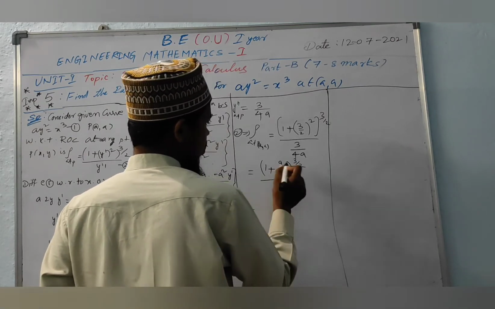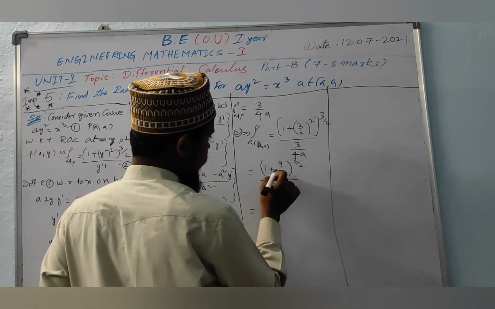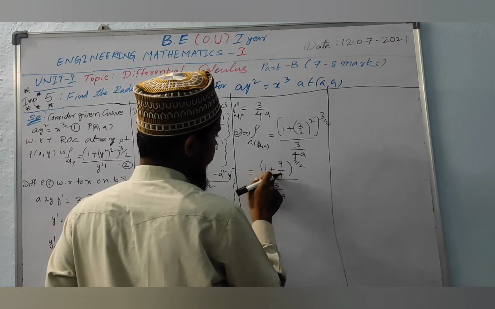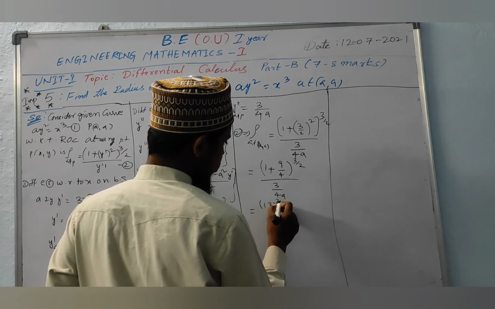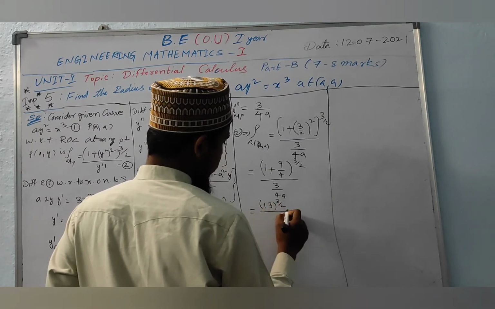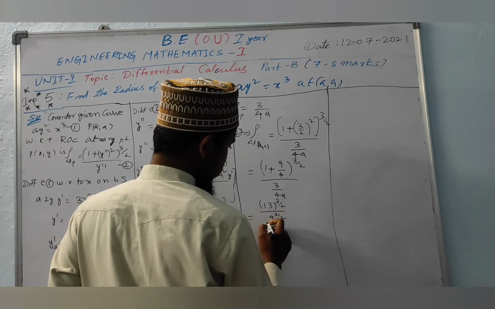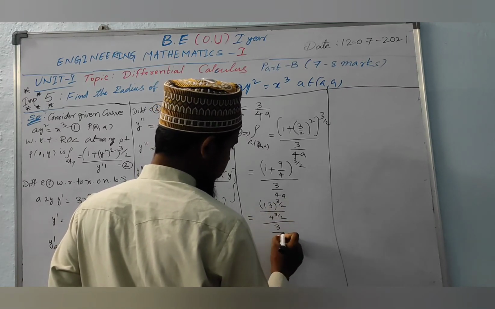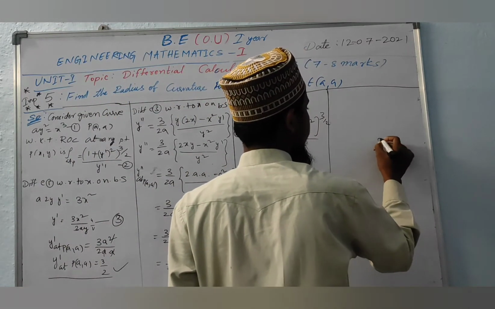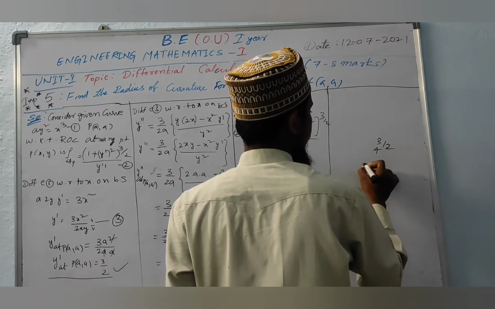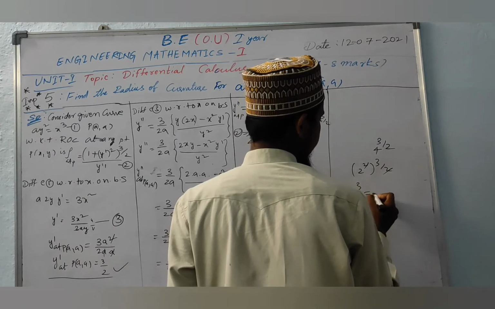Now see here, 4 plus 9, take LCM, 13 by 4 whole to the power of 3 by 2, by 3 by 4a. We know that 4 power 3 by 2 means 2 square whole to the power of 3 by 2, 2 cancels, 2 cube means 8.